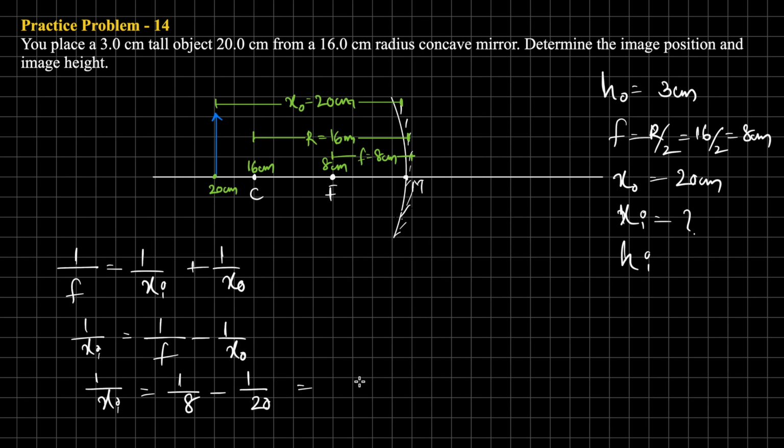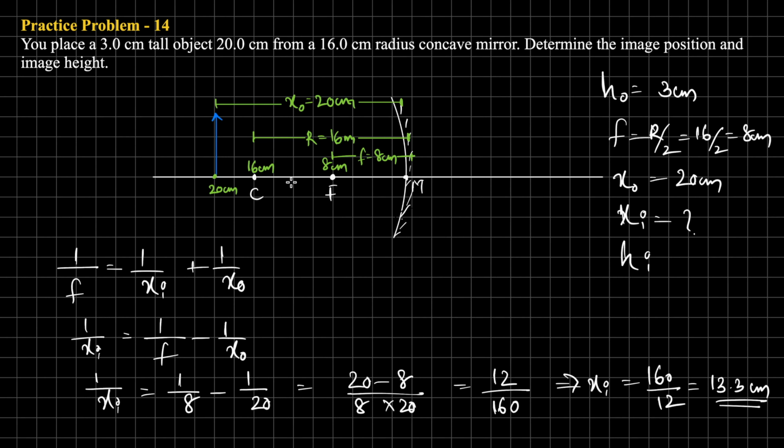Cross multiply: 20 minus 8 over 8 times 20. 12 over 160. So to find xi, I'm going to flip it. 160 over 12, 13.3 centimeter. So we got an image between C and F. The image is real and inverted.